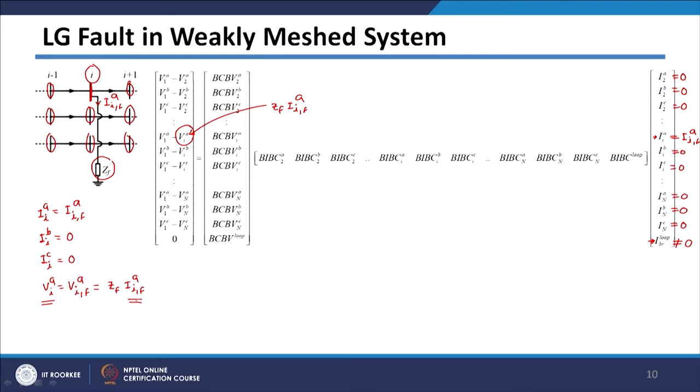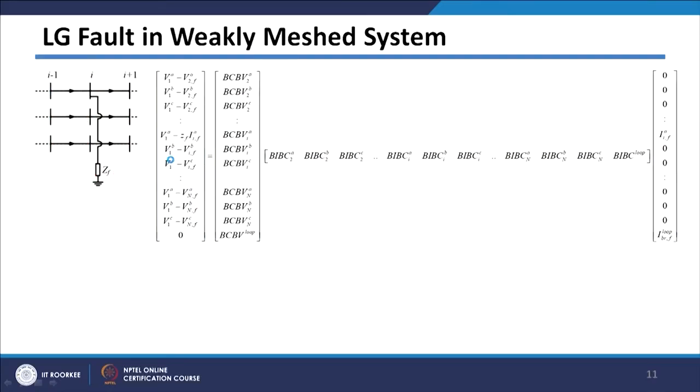So, by replacing the currents with 0 except these two entries, and this voltage will get replaced with this one. Here I am representing all the voltages, which are basically post fault voltages, by putting a comma there. So, we have replaced this entry here, and these two entries are non-zero, other entries are 0 here.